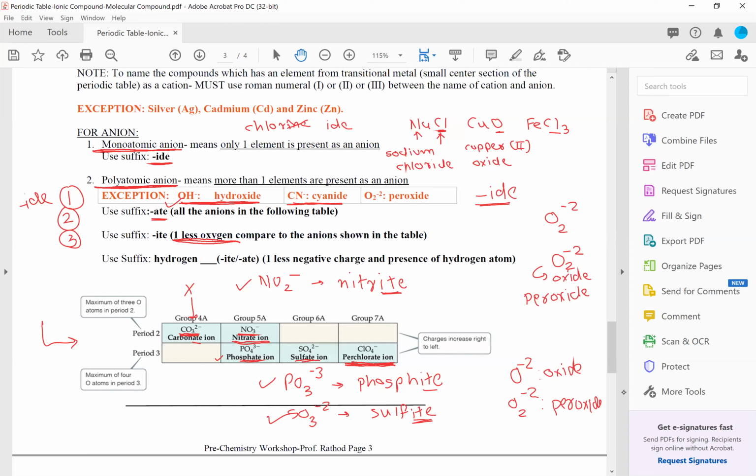Now, the last type of the polyatomic anion is the one that has hydrogen attached to it. If you have hydrogen attached to this, how are we going to name it? For that, I do need a whiteboard.